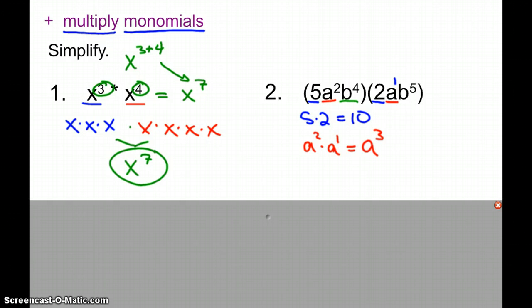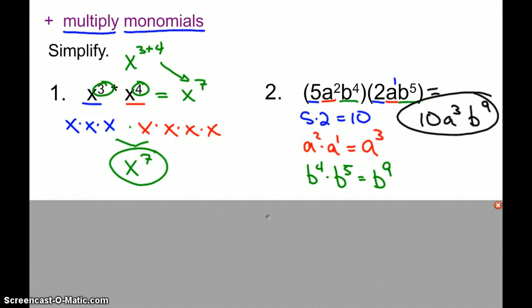And if we multiply b to the fourth and b to the fifth together, that's really taking 4 b's and an additional 5 b's, multiplying all of those together, and we end up with b to the 9th. So in the end, multiplying those two monomials together, we end up with the term 10 a to the third power and b to the 9th power.